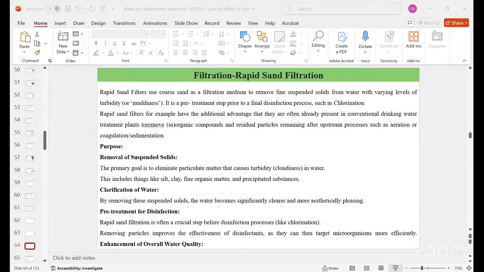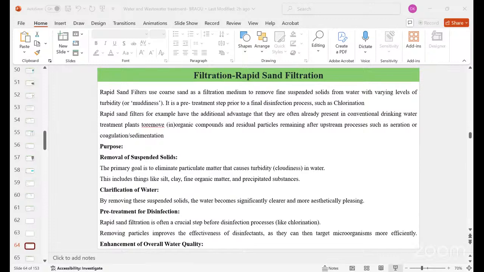And what are the main key factors and considerations for rapid sand filtration? Mainly the filter media. The characteristics of the sand, such as the size of the grain and the uniformity of the sand, are crucial for an effective filtration process.